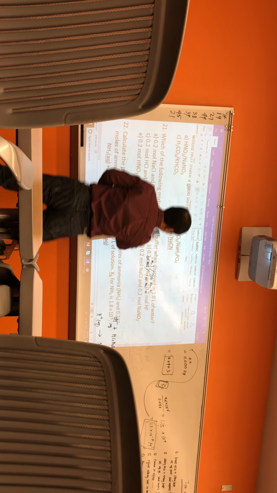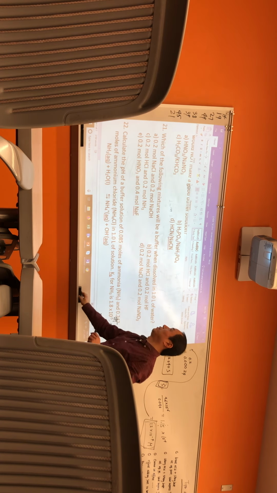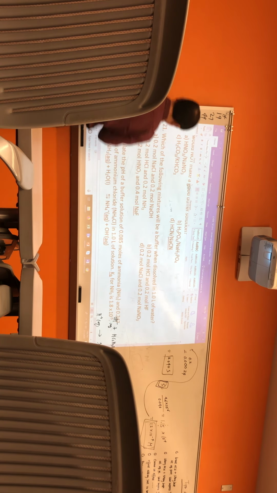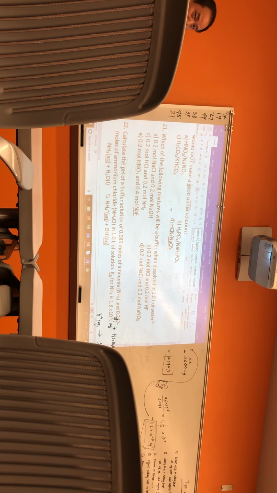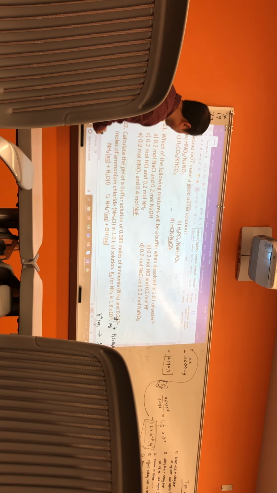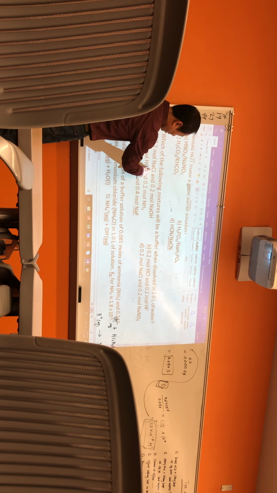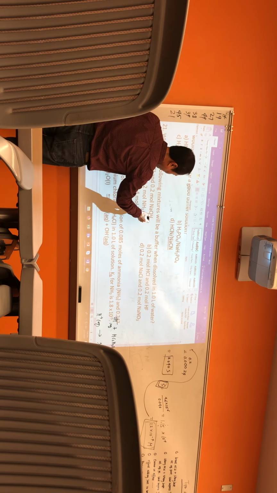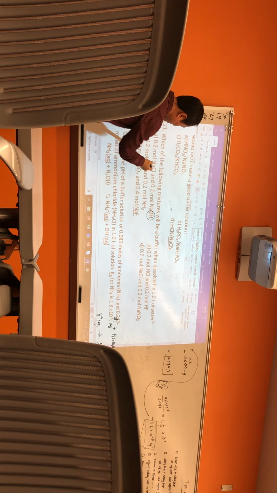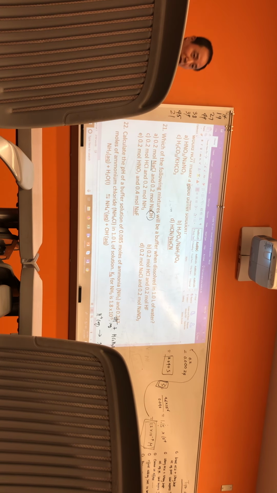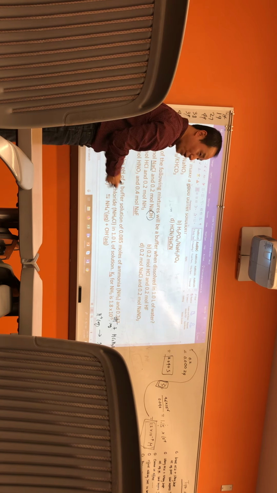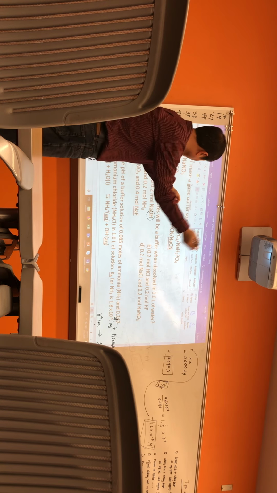Which of the following will make a buffer? To have a buffer, you have to have a conjugate pair, right? NaOH is a strong base. This is just salt. That doesn't make a buffer, right? You should have a weak one and its conjugate.